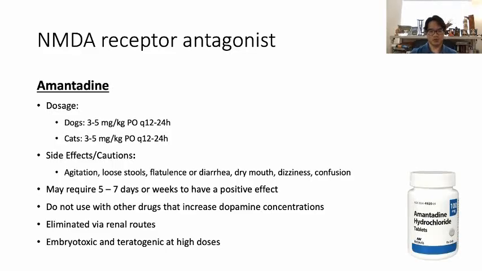So if the patient has chronic renal failure or decreased kidney function, you might need to adjust the dose of amantadine. When given at a very high dose, amantadine also has embryotoxic and teratogenic effects. In general, we usually don't worry about that because most patients are either neutered or spayed. But just so you know, that's a major side effect of amantadine.